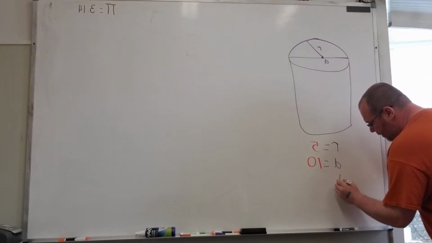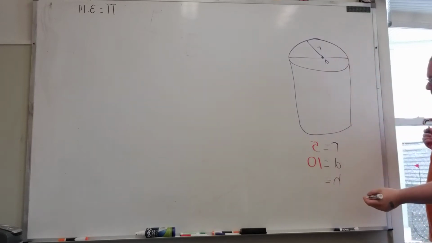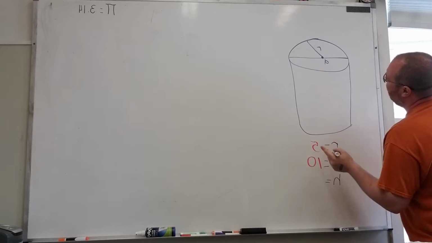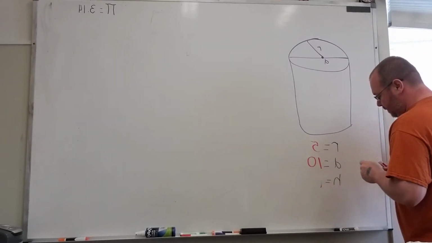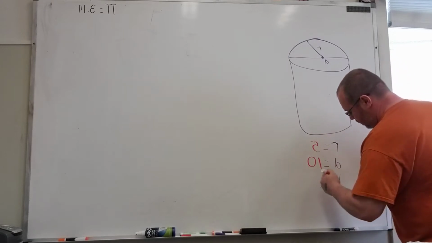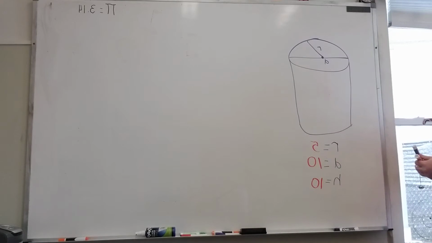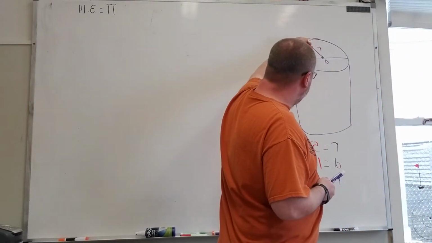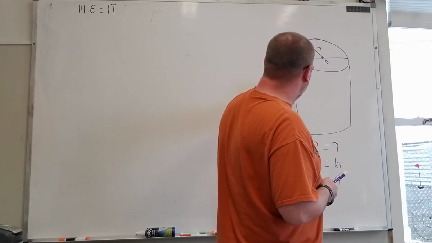So for this particular cylinder, if the radius is 5, we'll make the height 10. Oh, same as the diameter. So the radius is 5, the diameter is 10, and the height is also 10.